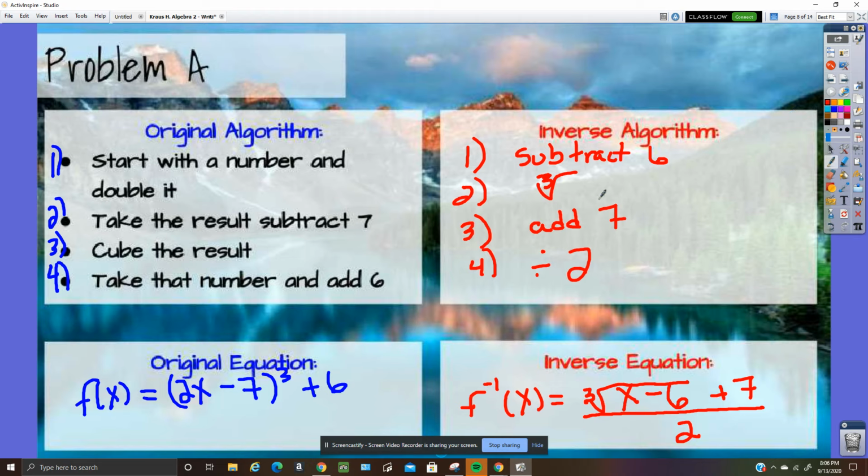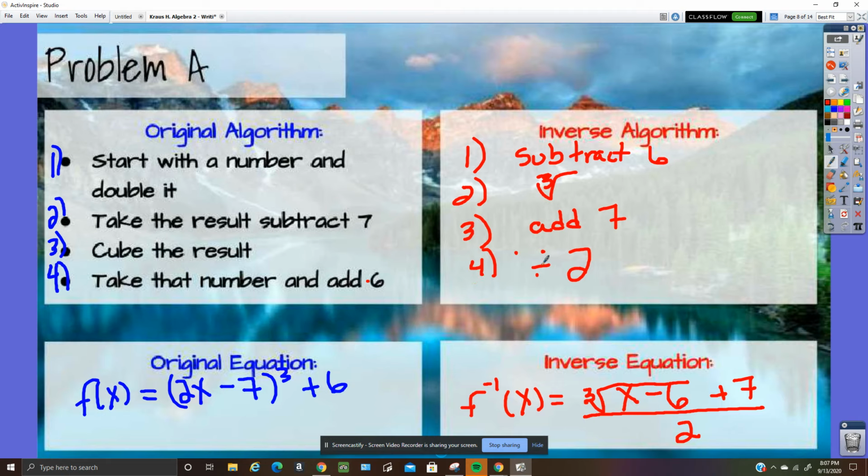Okay, so you could just do the inverse right here on the inverse algorithm. So double it would be divided by 2, but then you would have to number these the other way. In other words, if you put right next to this one the inverse would be subtract 6, then you would start down here and go 1, 2, 3, 4.